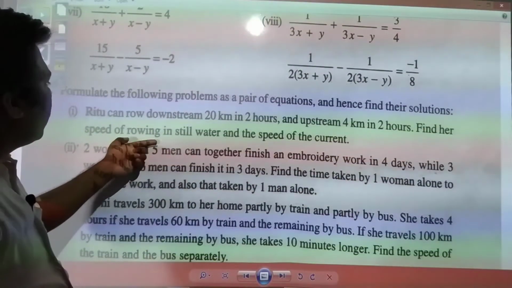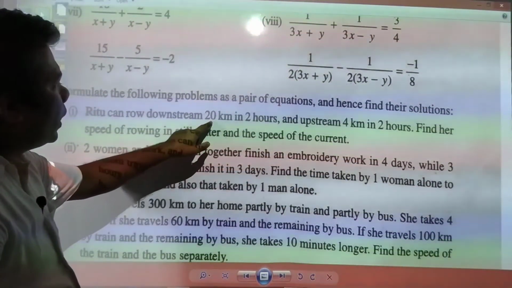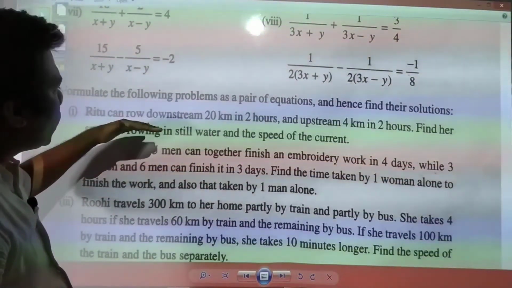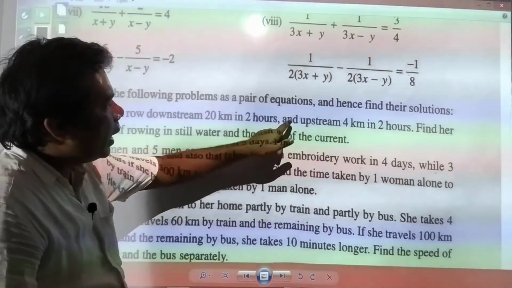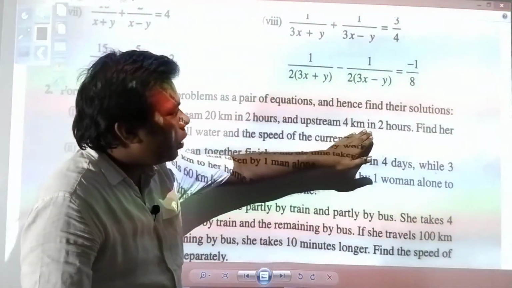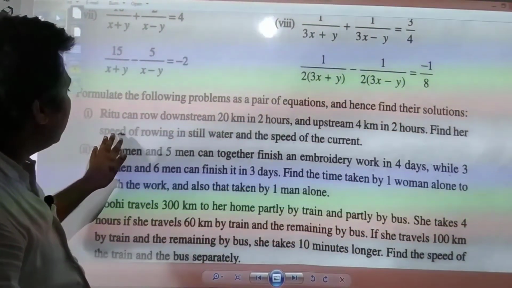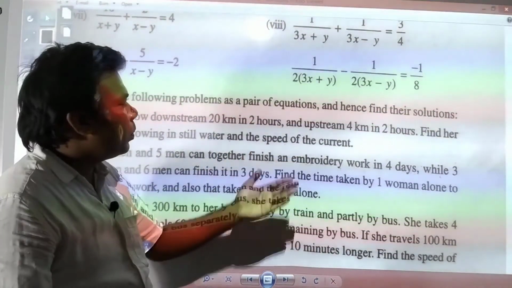Find her speed of rowing in still water and the speed of the current. So Ritu rows downstream 20 km in 2 hours and upstream 4 km in 2 hours, and we need to find her speed of rowing in still water and the speed of the current.